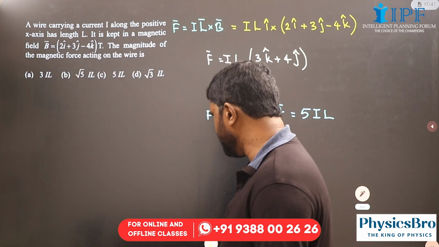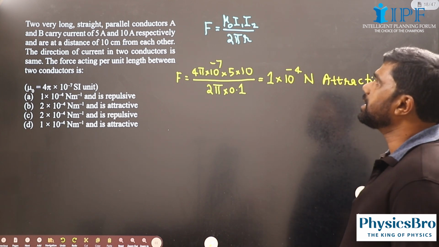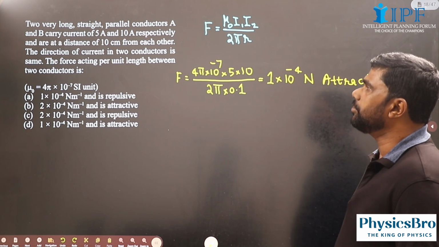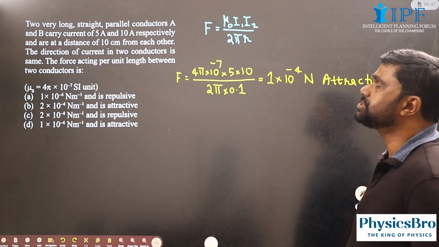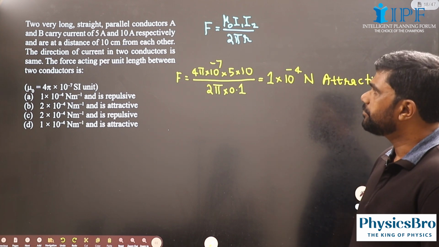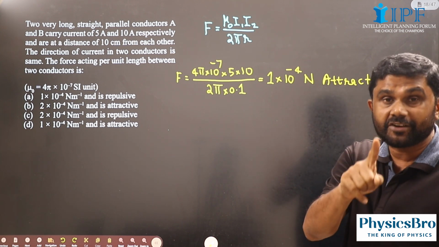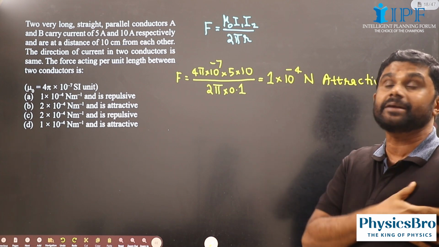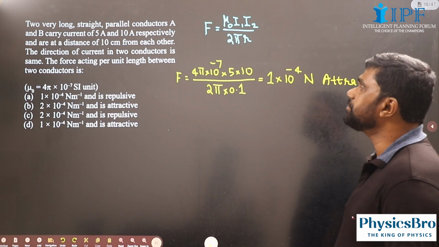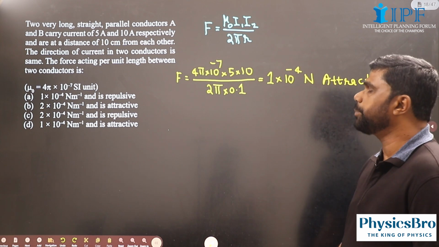Now let's see what we have next. Two very long straight parallel conductors A and B carry a current of 5 ampere and 10 ampere respectively and are at a distance of 10 centimeter from each other. The direction of current in the two conductors is the same, so there will be a force of attraction between them if they carry current along the same direction. What is the force per unit length? It is mu 0 I1 I2 divided by 2 pi r.